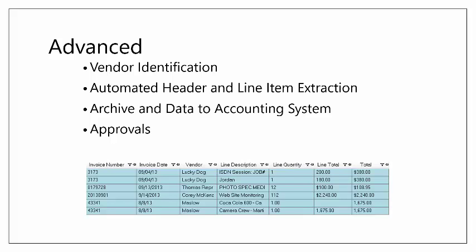Because the system knows exactly who it's from, it will know exactly where to extract all the information, header information, and then this time the line item detail as well, which can then be integrated into your accounting and your content management systems. From there, we can automate the process of web-based approvals. So in this example, your AP clerk will verify a spreadsheet QA interface where all the data has been extracted. They click OK, and the system then sends the information to the next step.